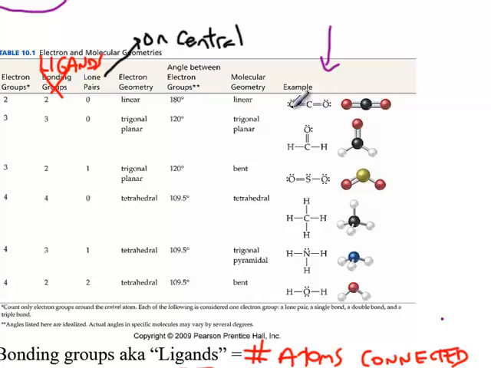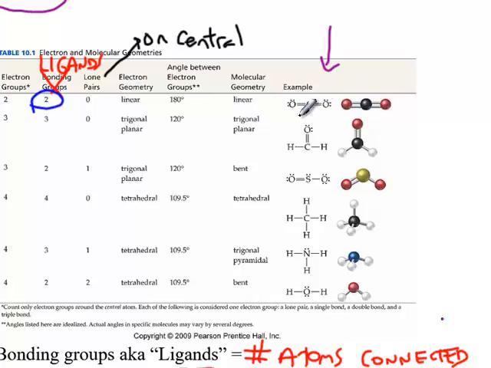The central atom is connected by two ligands, so we have two bonding groups. Notice it's a double bond on the left, a double bond on the right, but that is not a total of 4 ligands. There's only 2 atoms, so the number of ligands is 2. Very common to look at this Lewis structure and say that the bonding groups is 4.